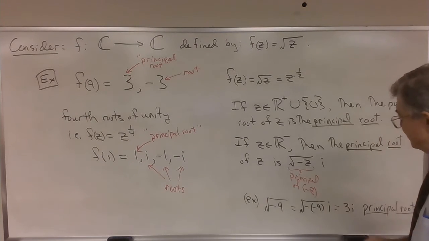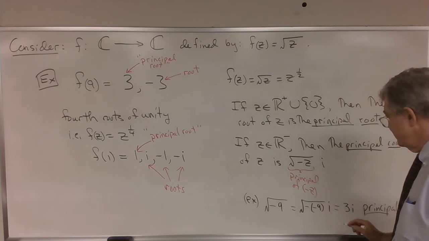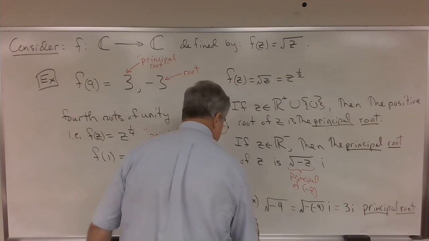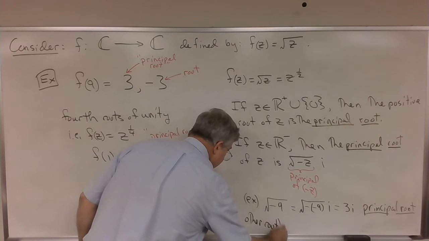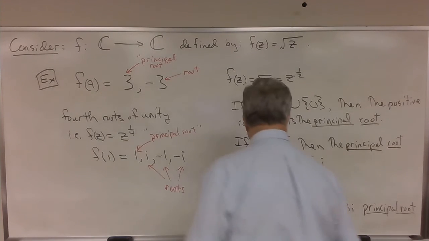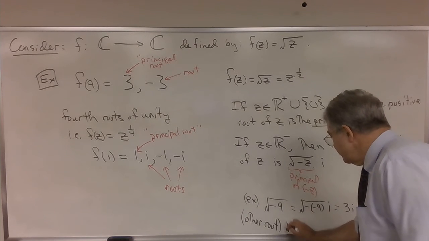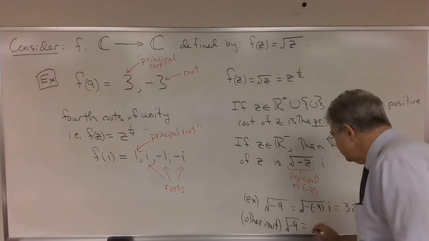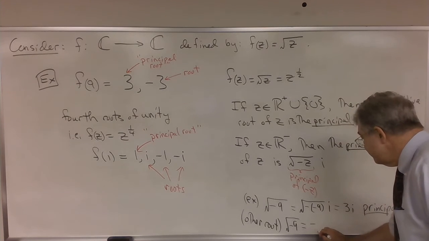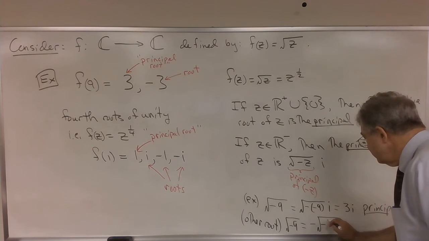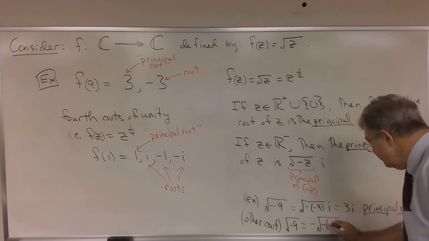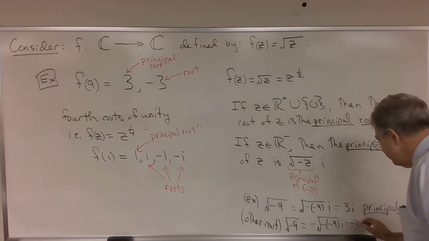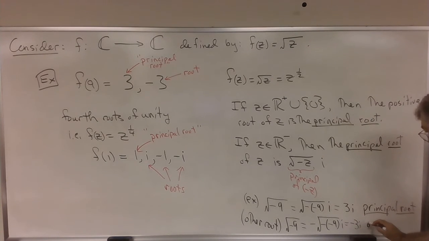So I guess that would be the other root: the square root of negative 9 equals negative square root of 9 times i, or negative 3i, the other root.